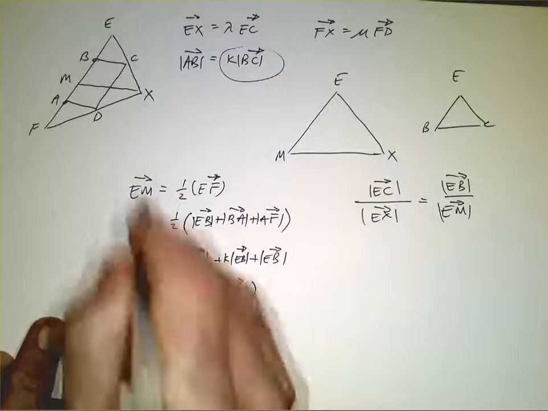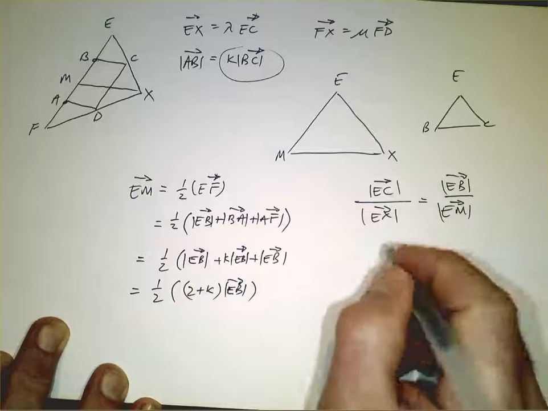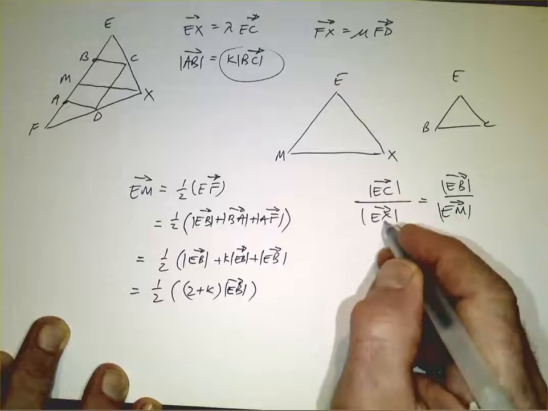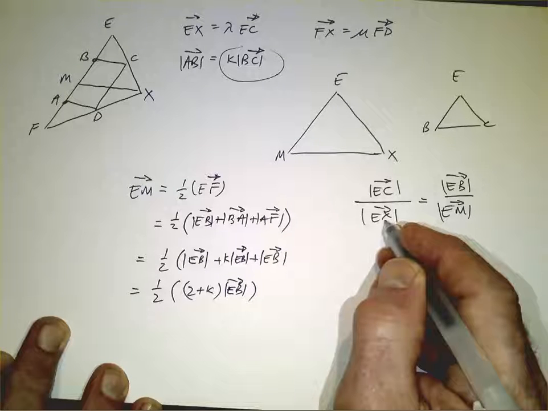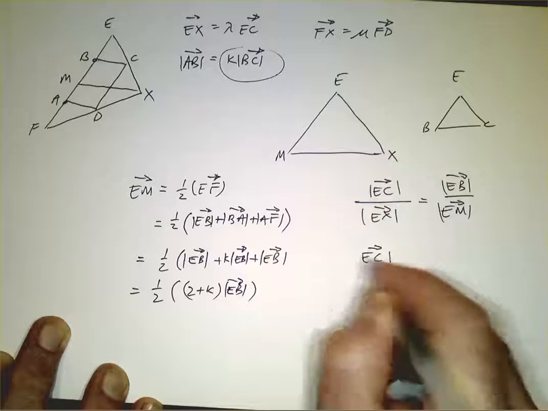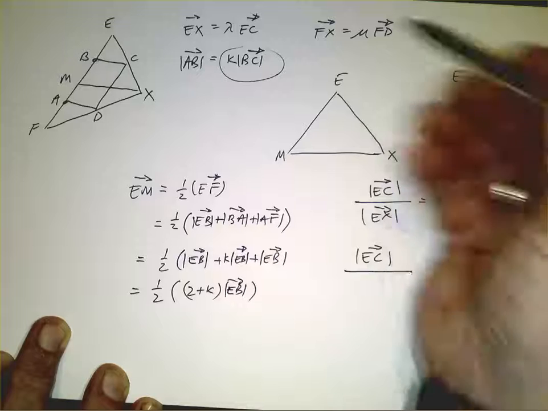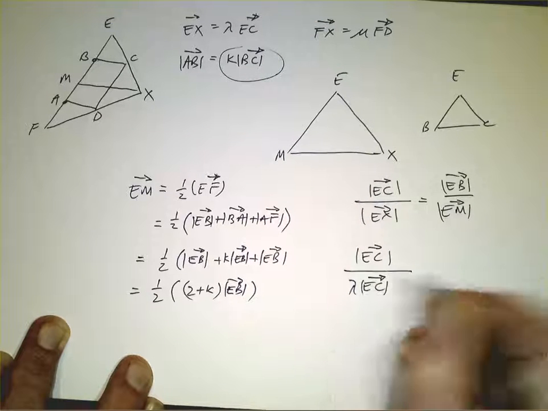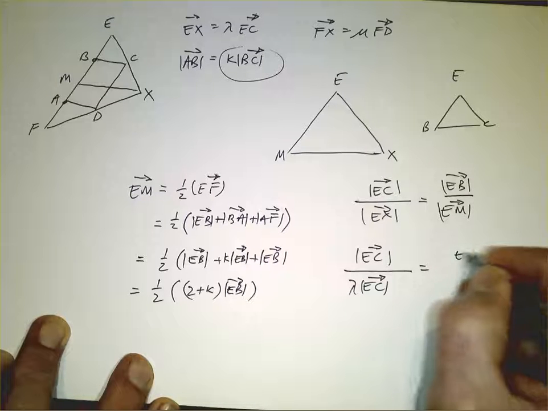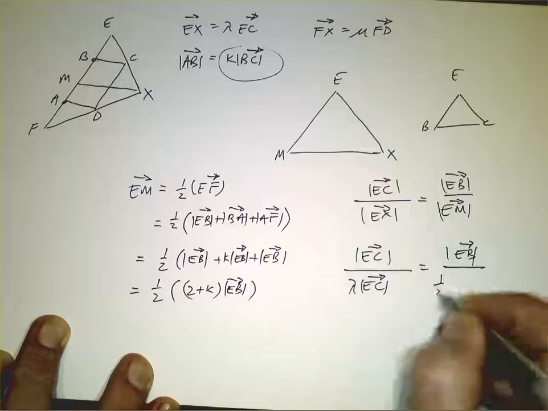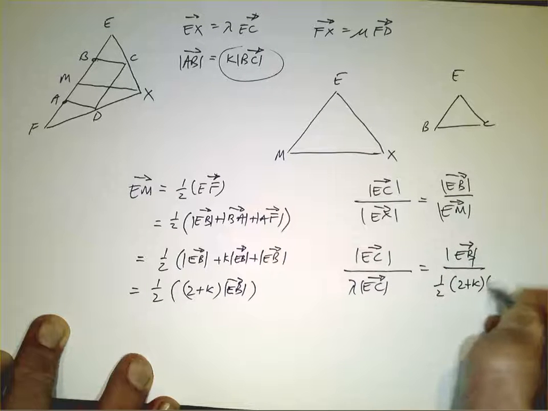So E to C over E to X, E to X is lambda E to C, equals E to B over E to M, and E to M is 1/2 (2 plus K) E to B's.